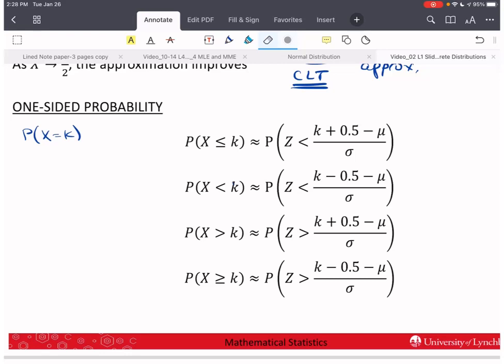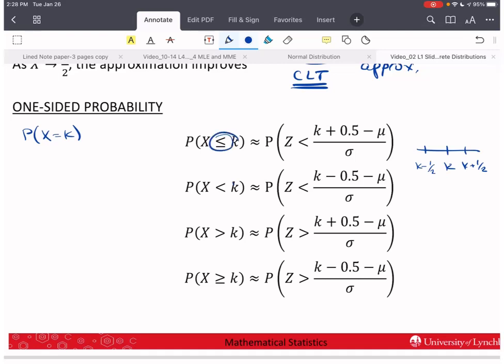So if I want the probability that x is less than or equal to k, then if here is k and here is k plus 1/2, I have to use a continuity correction. I have to when I'm doing these approximations. So I have either k plus 1/2 or k minus 1/2.